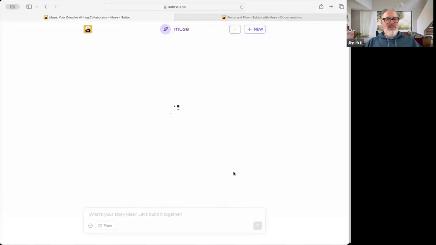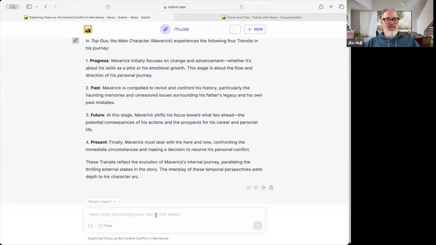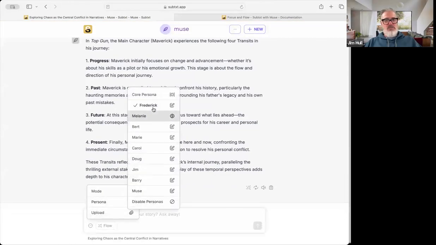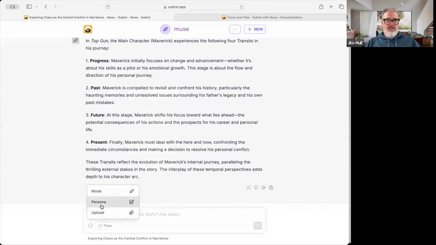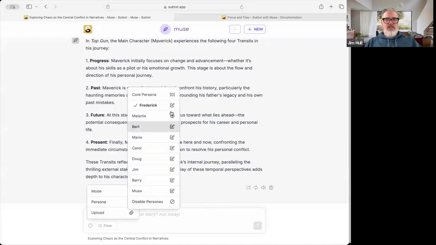Okay, here we go, this one. Now if I switch to Frederick, actually he's already picked. And this is the indicator that it's a storytelling one, whereas this might be more theory based. These are all storytelling.